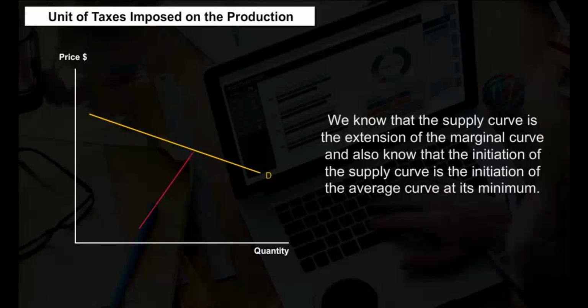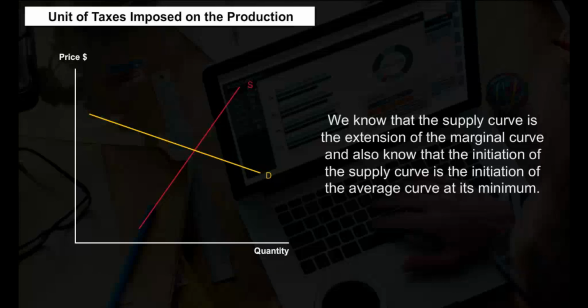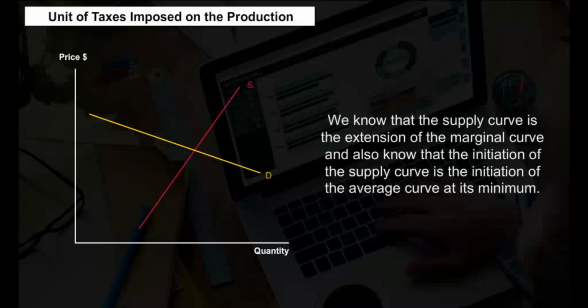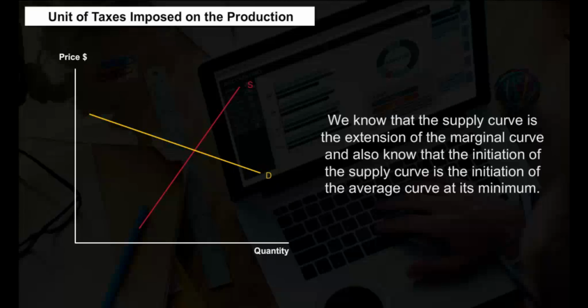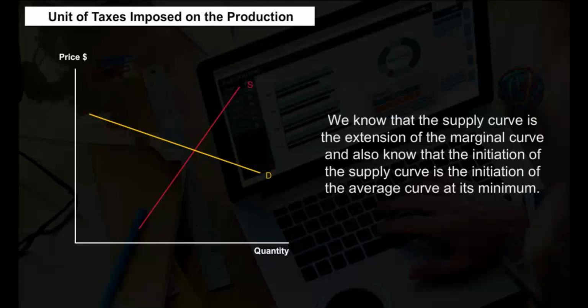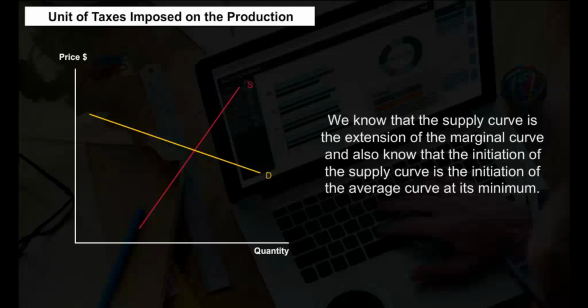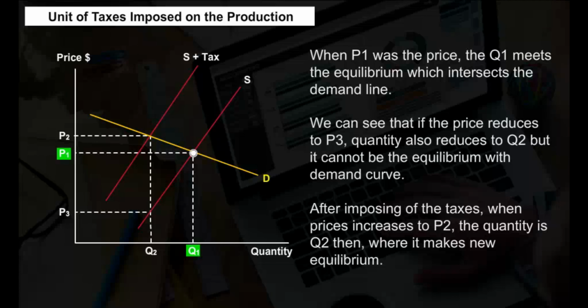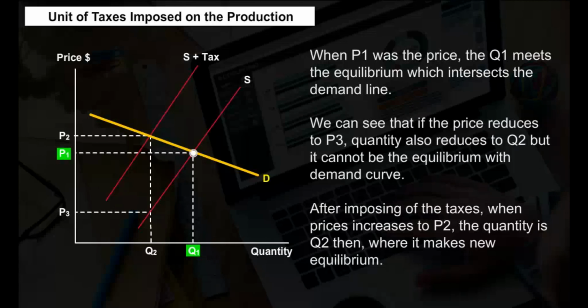We know that the supply curve is the extension of the marginal curve, and also that the initiation of the supply curve is the initiation of the average curve at its minimum. When P1 was the price, Q1 meets the equilibrium which intersects the demand line.